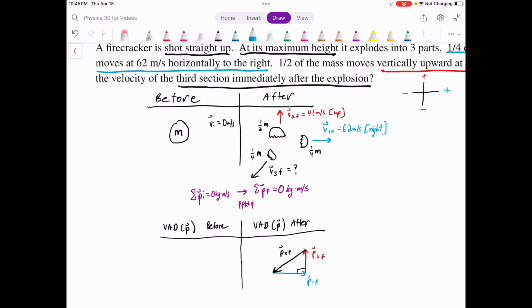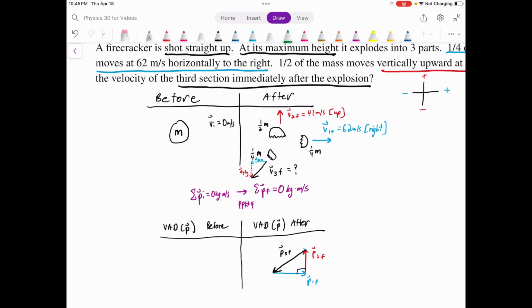We can apply conservation of momentum in the x-axis, and that will let us find V3 final's x component. Sorry, I know that writing is tiny. I'm just trying to squeeze it in there, right? And then we can apply conservation of momentum in the y-axis, and that should tell us V3 final's y component.